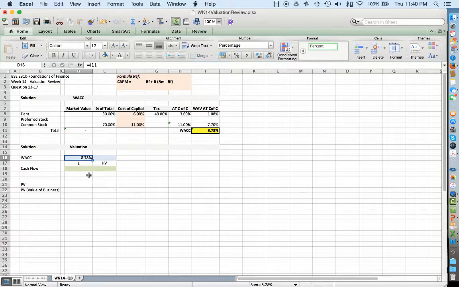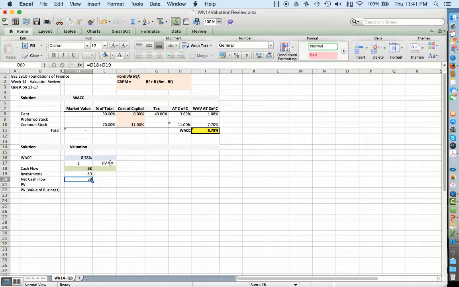The next thing that we're told is that the company is going to have operating cash flow of $68 million, and they're also going to have expenditures of $1 million. That should yield net cash flow after investments of $38 million.